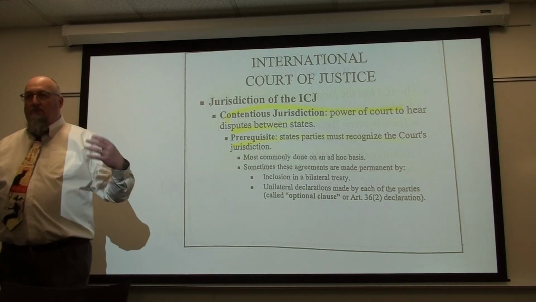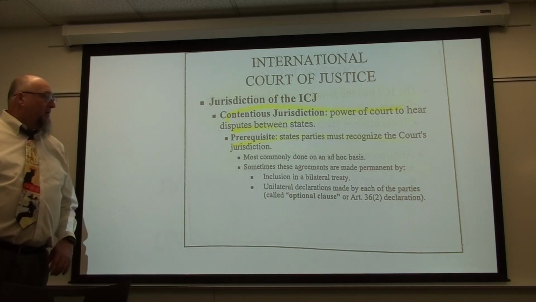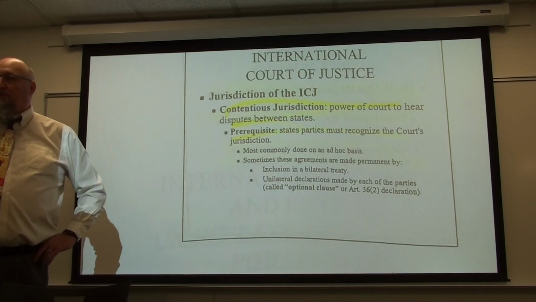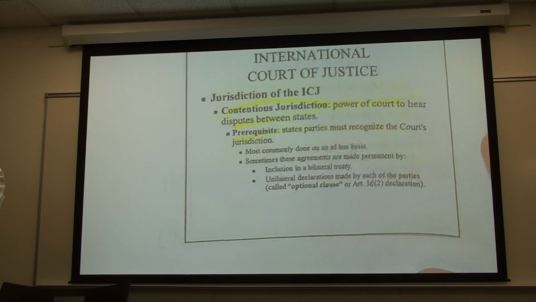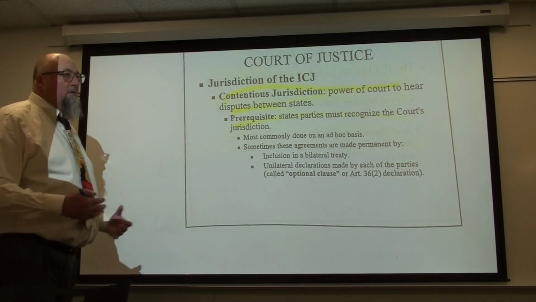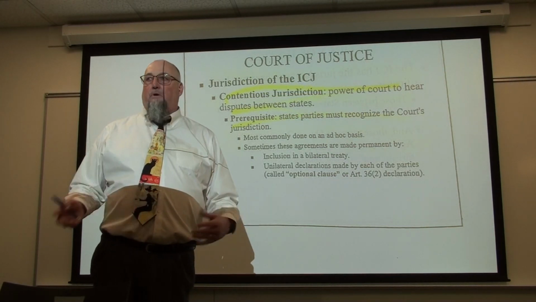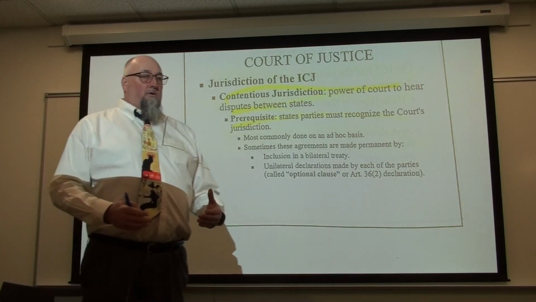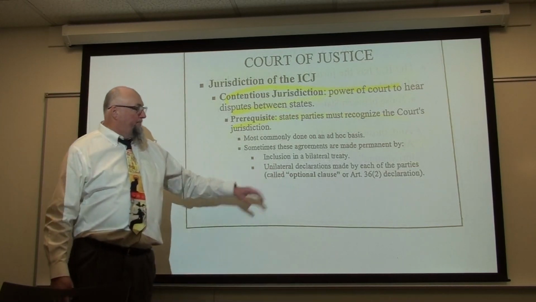That is usually done by being a UN member or perhaps a non-member agreeing to the jurisdiction, or it may be included in a treaty, whereby if there is a treaty that says any dispute will be referred to the ICJ, or what's called a unilateral declaration, meaning a state may say, we agree ahead of time in any dispute with any other country, be it a member or a non-member, we will agree up front to appear before the International Court of Justice. That's called a unilateral declaration.